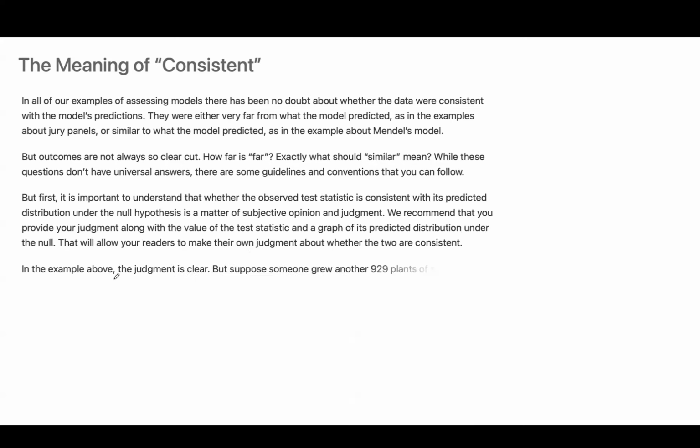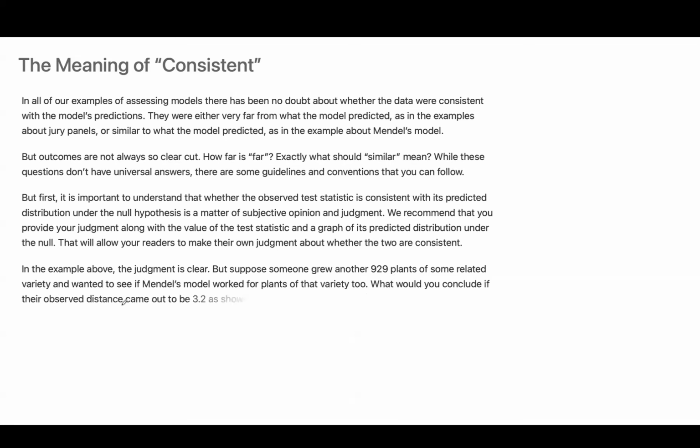In our example, the judgment is clear, but suppose someone grew another 929 plants of some related variety and wanted to see if Mendel's model worked for plants of that variety too. What would you conclude if their observed distance came out to be 3.2?